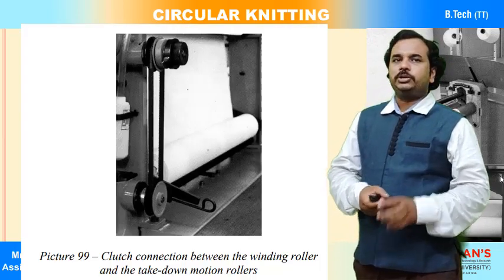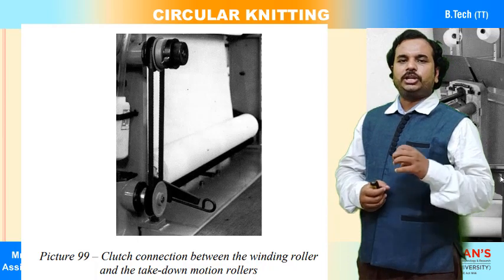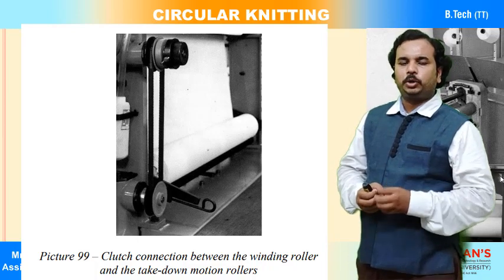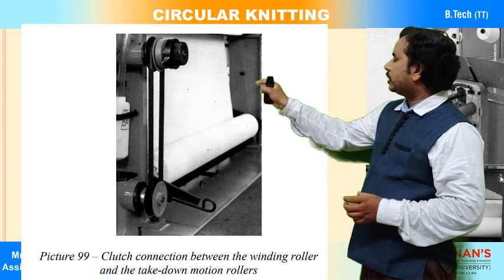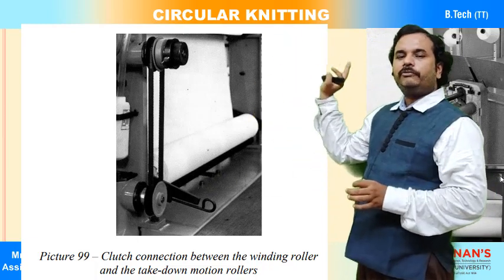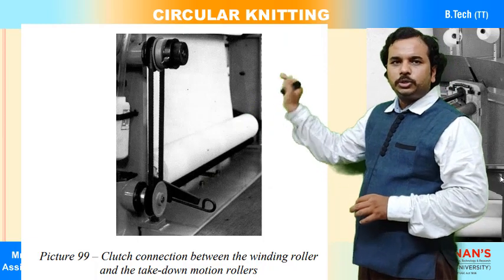Okay, and you can observe the clutch connection between the winding roller and the takedown motion rollers. You can see that there is a clutch drive, and from the clutch drive the roller is going to be rotated.